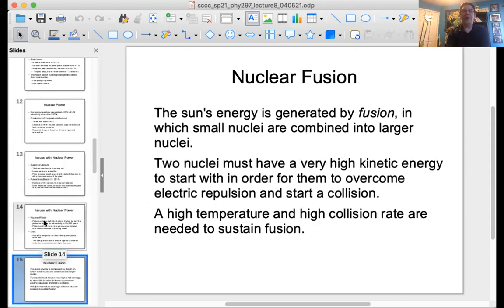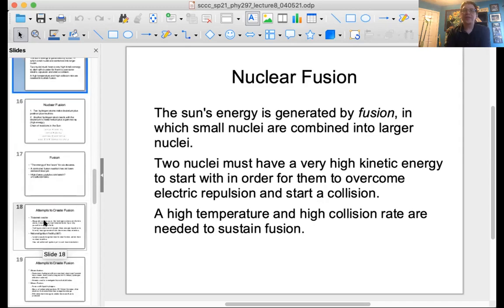And now we move on to nuclear fusion. The sun's energy is generated by fusion, and we'll talk a little bit more about that in the last chapter, which will be in 2 weeks.